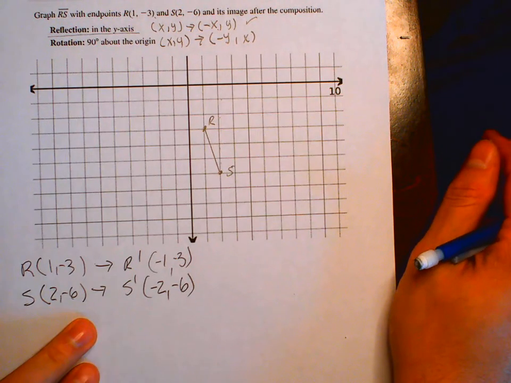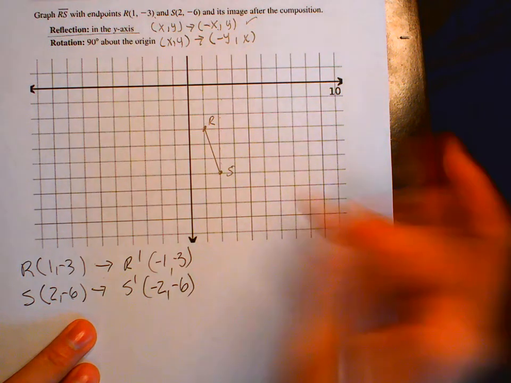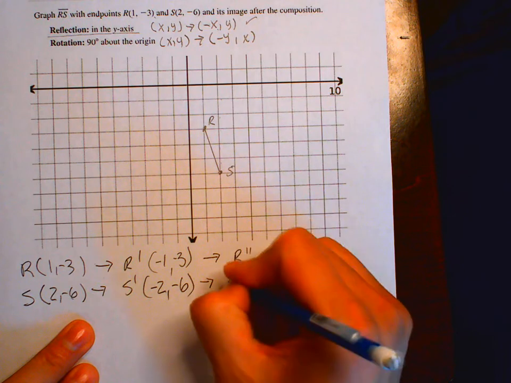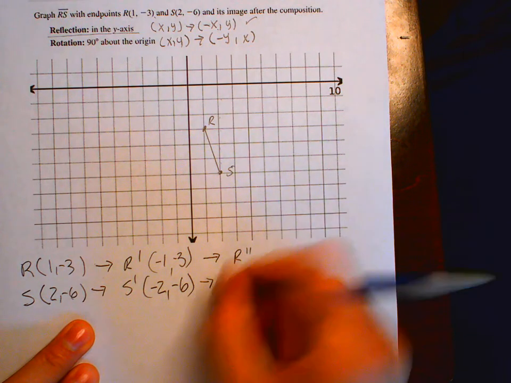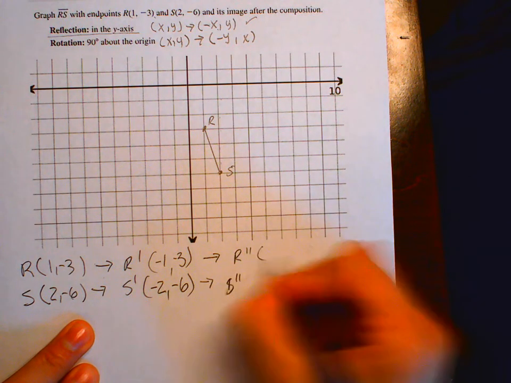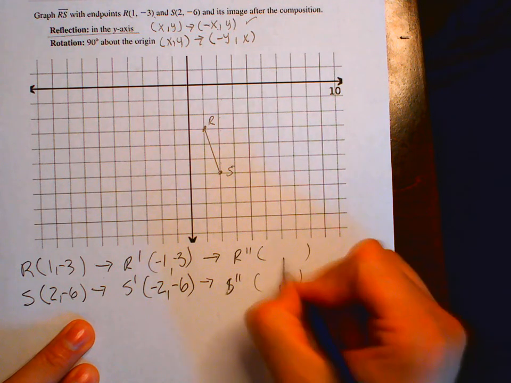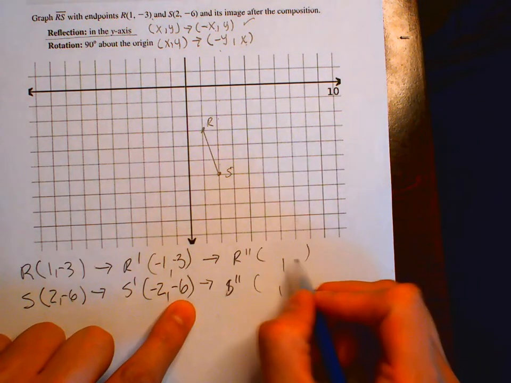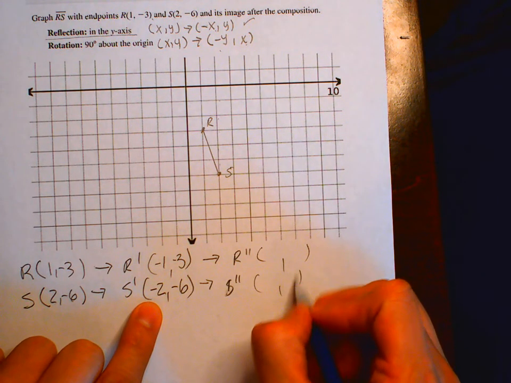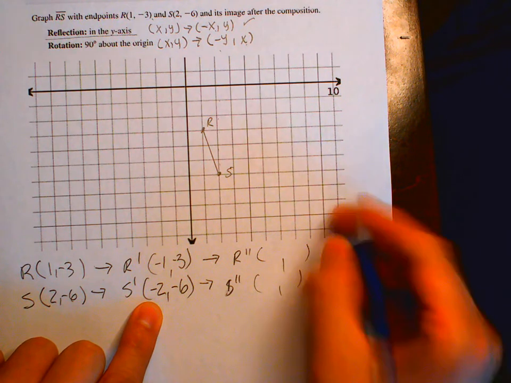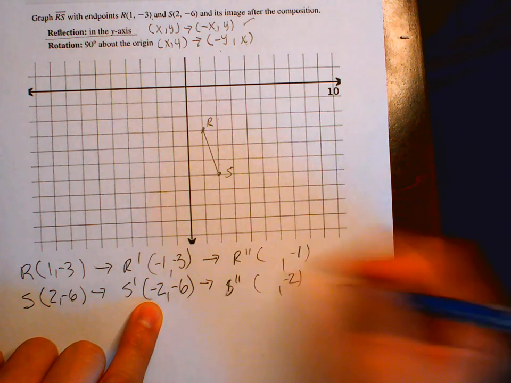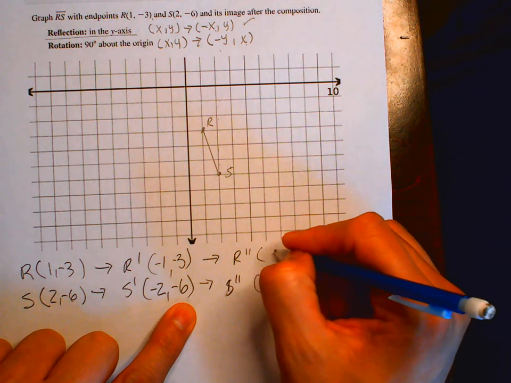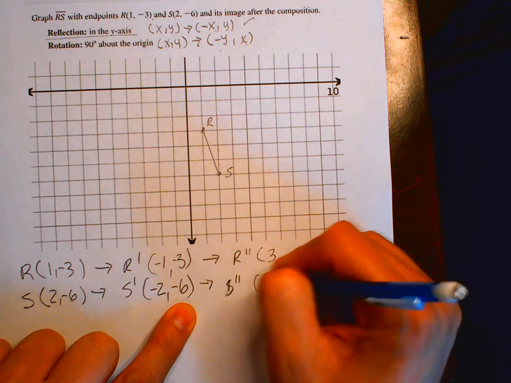So the next thing we're going to do is apply the second one. Okay, and the rule says negative y, x, and they switch positions. So the x value is going to stay the same, but it's going to go in the place of the y. So that's -1, that's -2. This one's going to change to the x position, and it's going to change to the opposite, 3, 6.